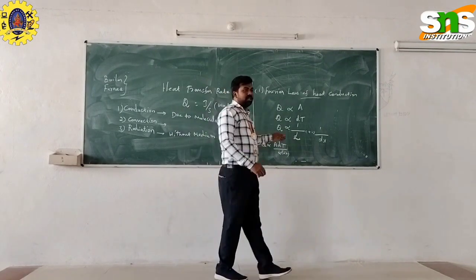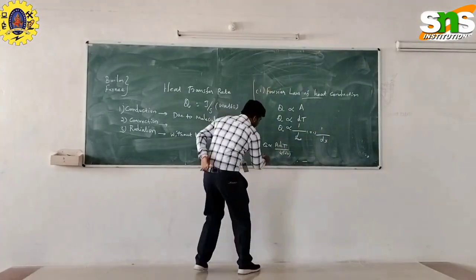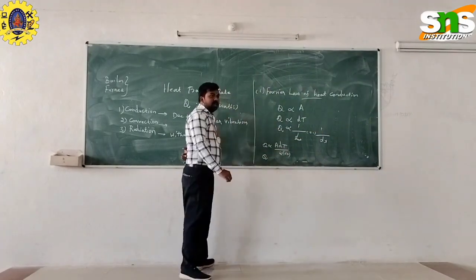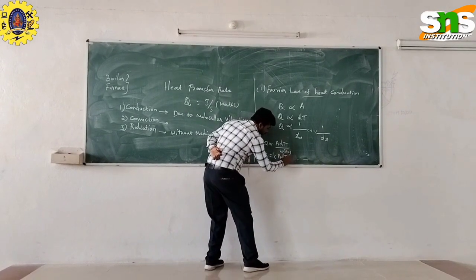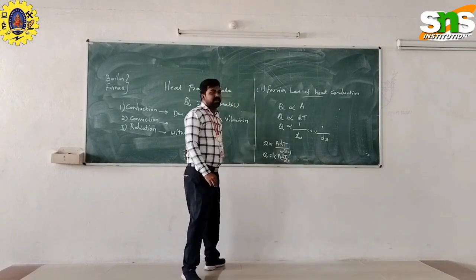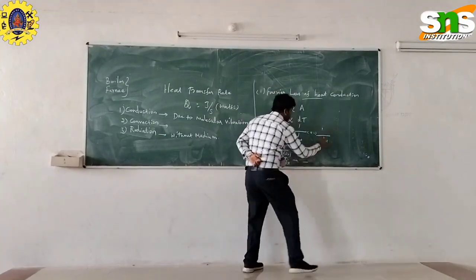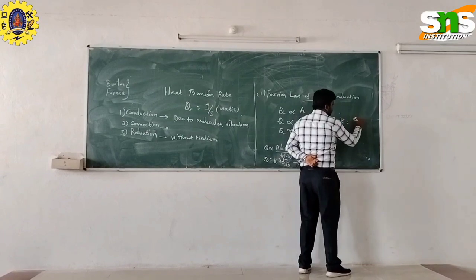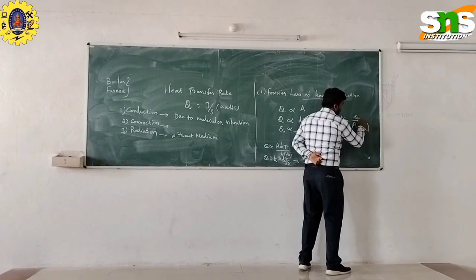To remove the direction symbol, we can include one constant, that is K. K is the thermal conductivity of the substance. From that we can derive K equals Q by A dT by dx.